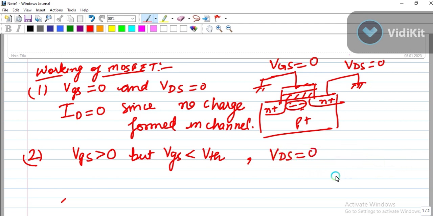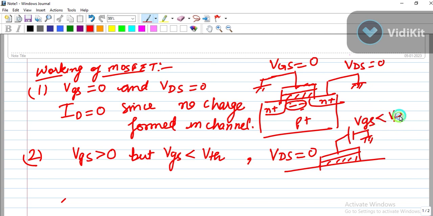So in this case, let's make the diagram again. Now I'm giving VGS less than VTH, and there is N plus, and this.